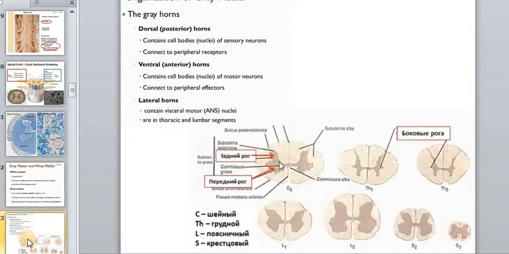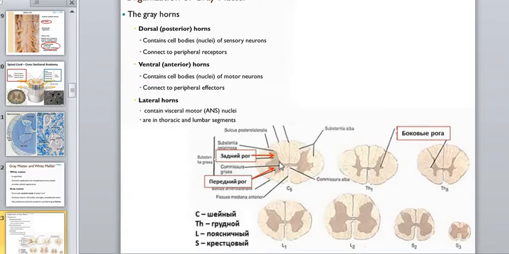As you can see, the gray matter is involved in a lot of important body functions because it contains almost all the neuronal cell bodies. The gray matter of the spinal cord is involved in muscle movement, sensory function and sympathetic activity.